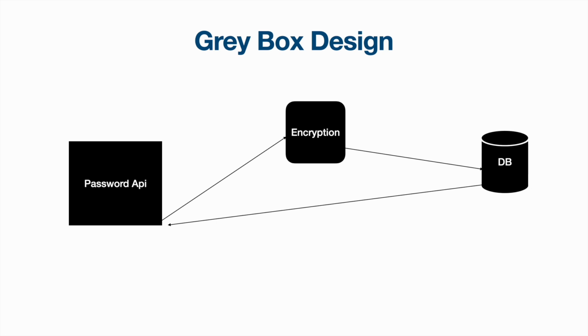That part is not required. But they have to understand how the API is going to call the encryption utility, what response they will receive on the password API if encryption fails, and what scenarios encryption can fail in. They can also understand the scenarios where the encrypted password is not going to be saved in the DB, so they can explore those scenarios while testing.